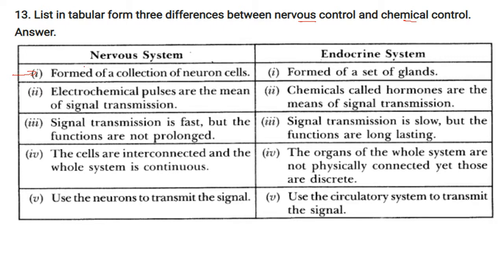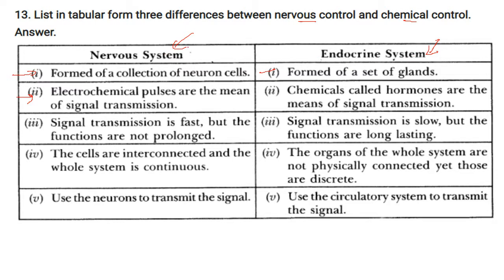The collection of neuron cells forms a nervous system, while the endocrine system is a set of glands. The electrochemical pulses are the means of signal transmission here. Chemicals like hormones are the means of signal transmission there.